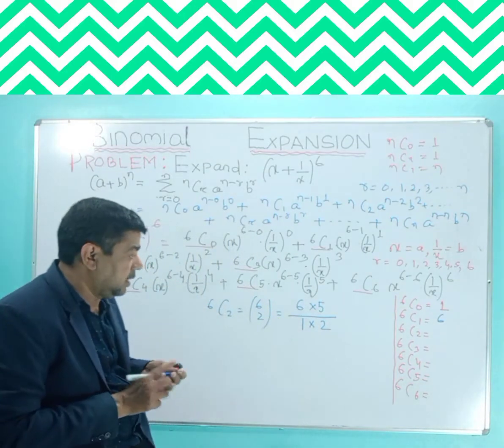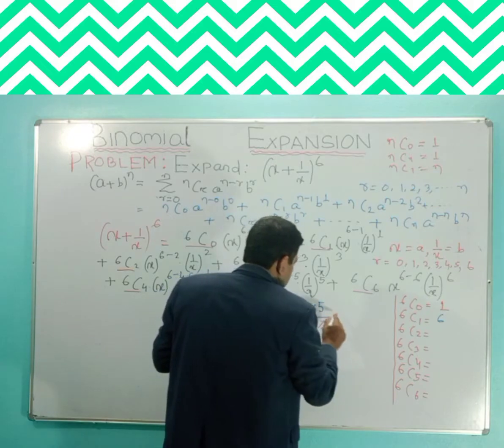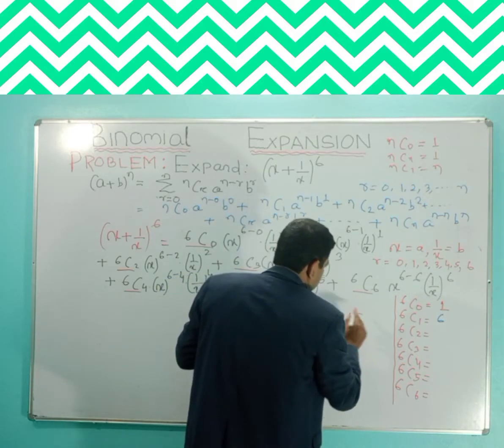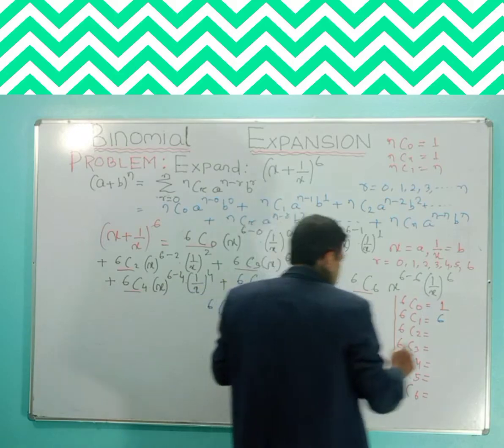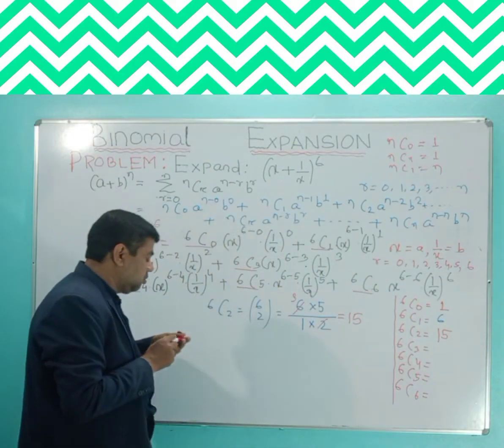After cancelling, 2 times 3 is 6 and 3 times 5 it will be 15. So 6c2 will be 15. Is there any doubt?